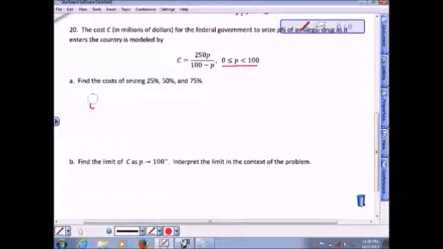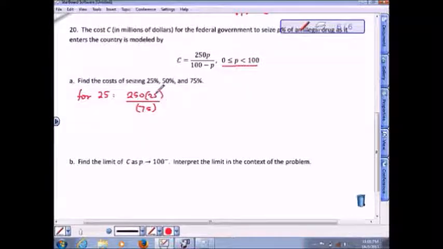So for 25%, if these federal agents want to seize 25%, then according to this model, it's 250 times 25 all over 100 minus 25, which is 75. And then 25 over 75.